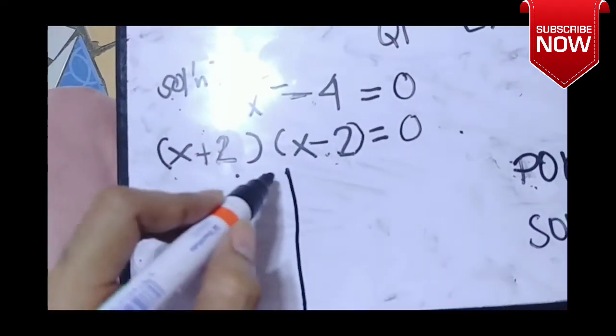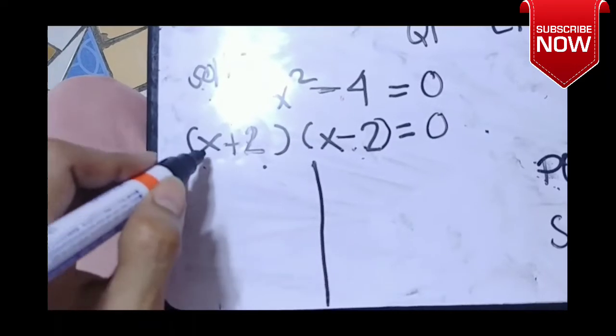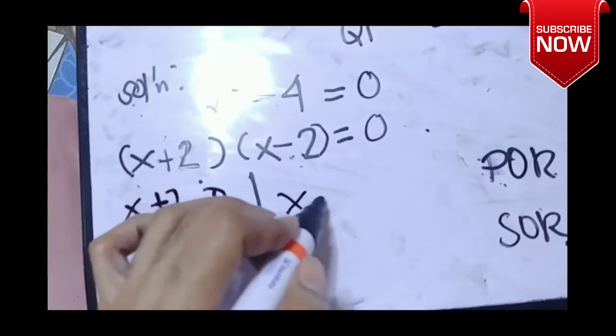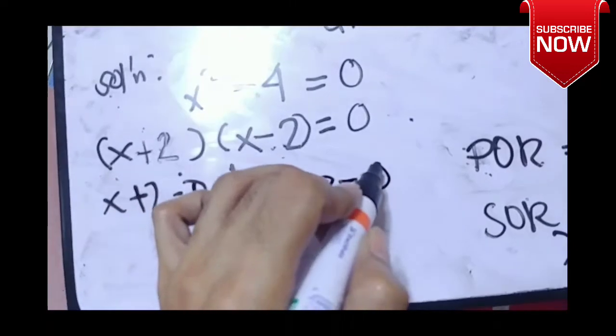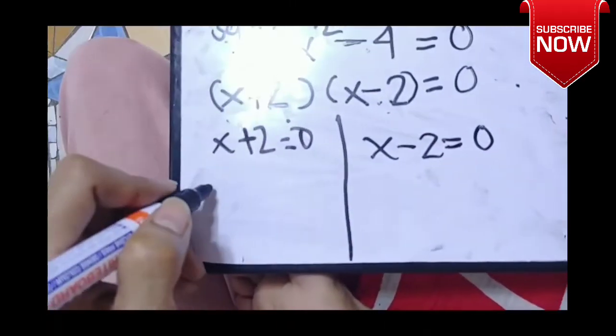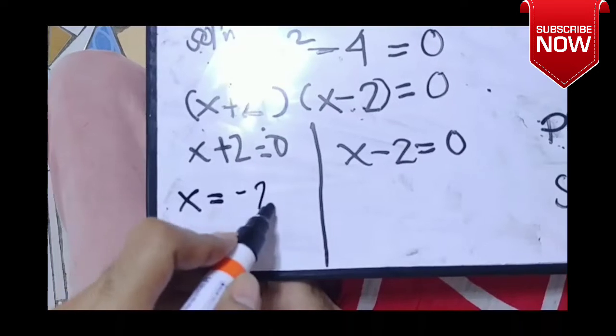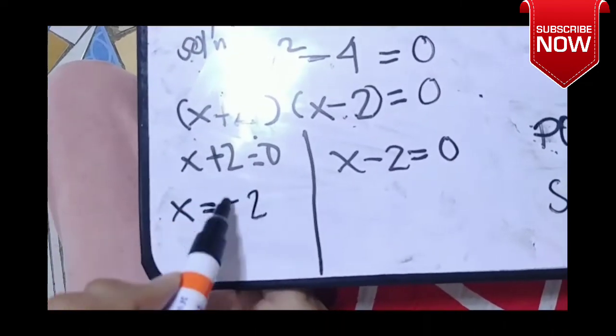Isosolve natin separately. Yung first term, that is x plus 2 is equal to 0, then x minus 2 is equal to 0. By transposing, x is equal to negative 2. Kasi pag nilipat natin yung positive, magiging negative 2.